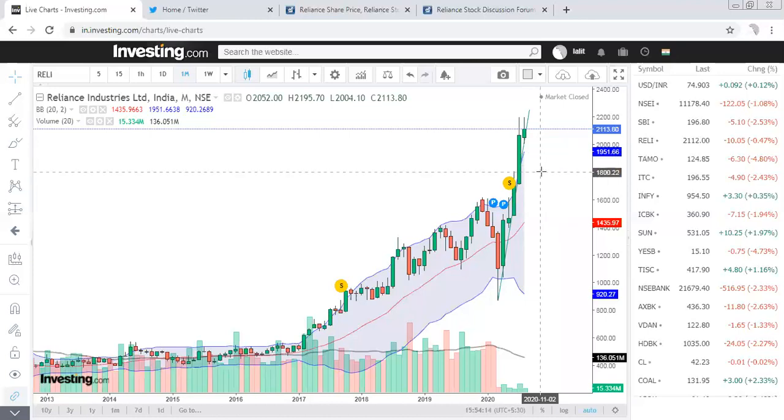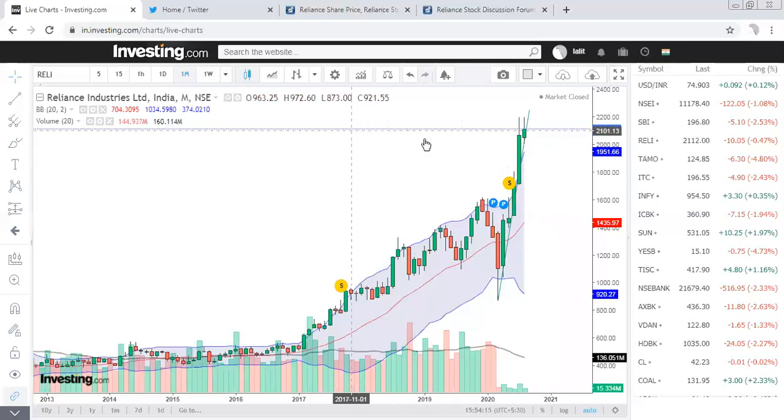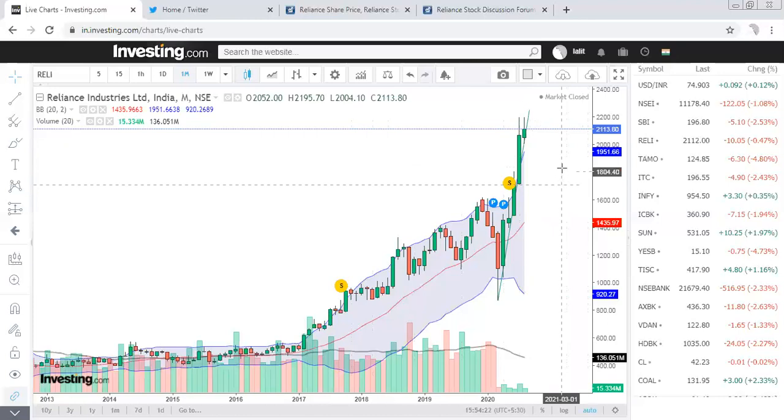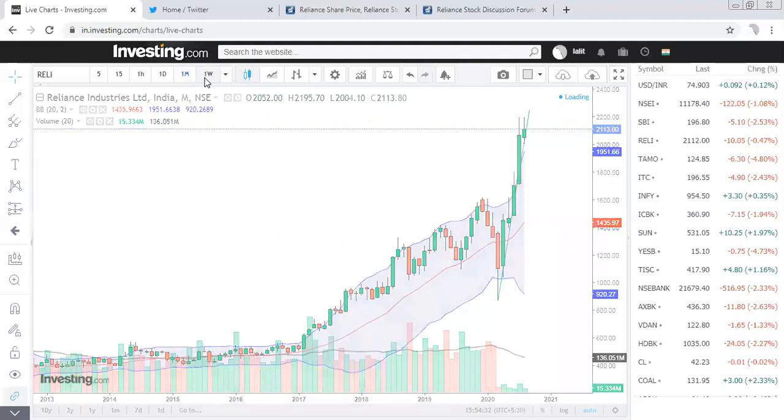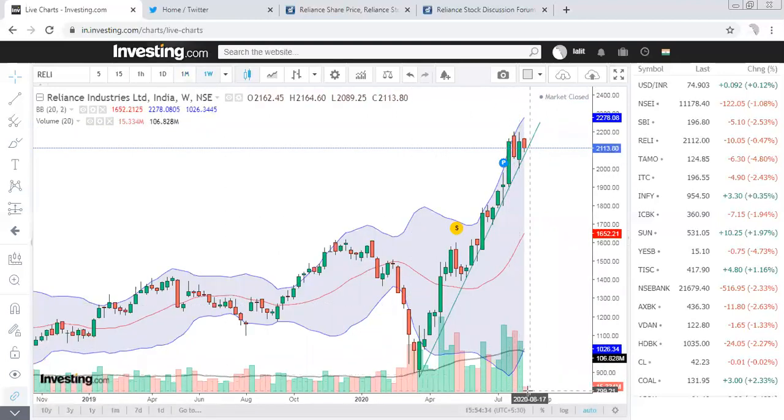So this was the technical analysis for Reliance Industries on a daily, weekly, and monthly time frame. The most important factor for me on this chart would be the volumes: on a monthly basis, lowest in years, and on a weekly basis, we've closed with a very, very low volume this last week.